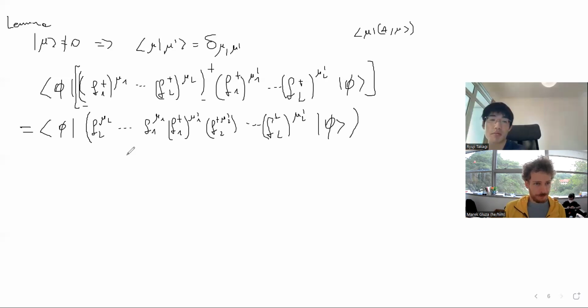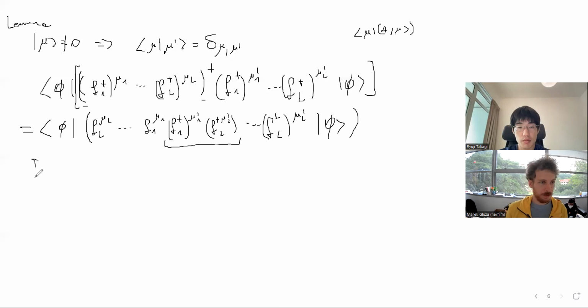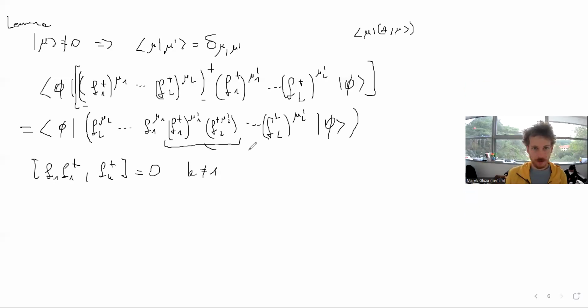But we have it. And now the thing that we should see is that the commutator of f1 dagger with fk dagger is 0 for k not equal to 1, which means I can push it through all the way to this side. And then I need to make another useful computation, f1 dagger on vacuum after I push it through.